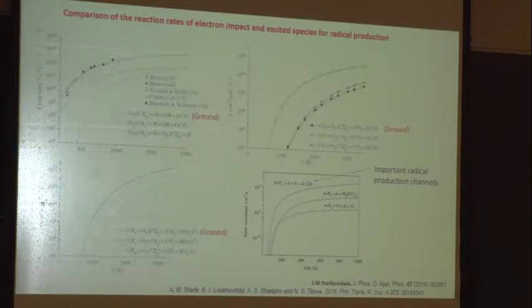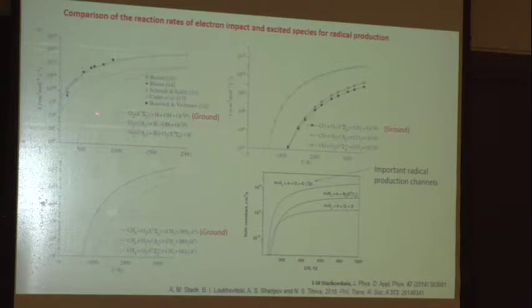And if you're looking at this reaction, right, the H plus O2 reaction on the ground state, this is a combustion reaction. That reaction is here. Okay? What if the oxygen is electronically excited to singlet delta? So here is the H plus O2 singlet delta reaction, and then the branching reaction is somewhere here.